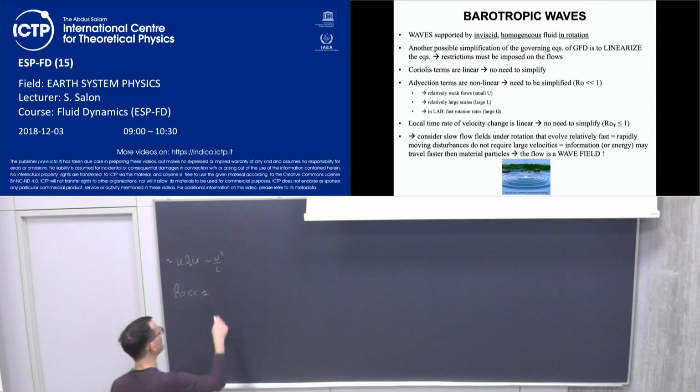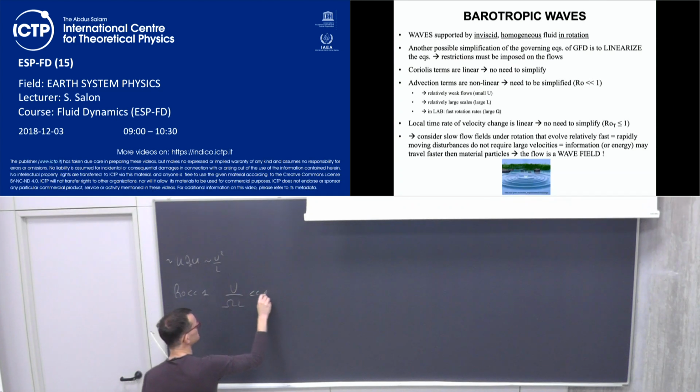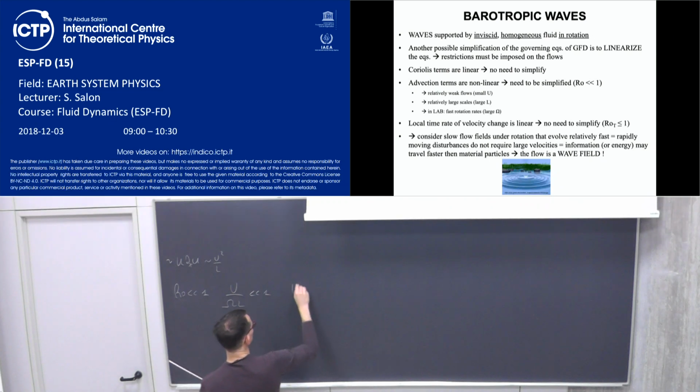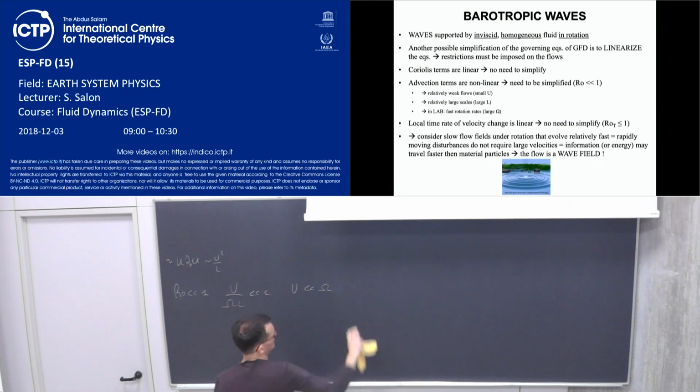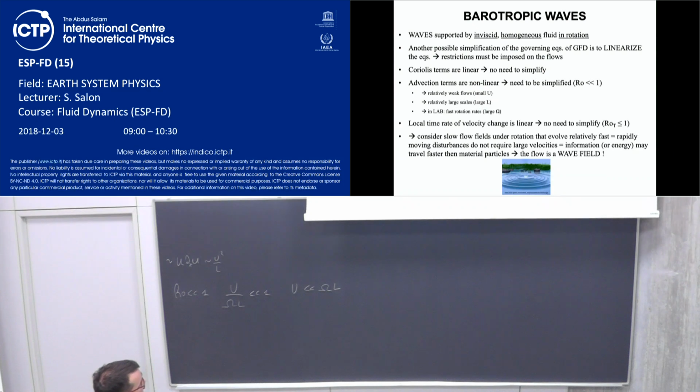Rossby number much smaller than 1 means that u over omega L is much smaller than 1. This means that u is much smaller than omega L. So the velocity of the flows is quite small if we compare it with the typical velocity related to the rotation frequency.